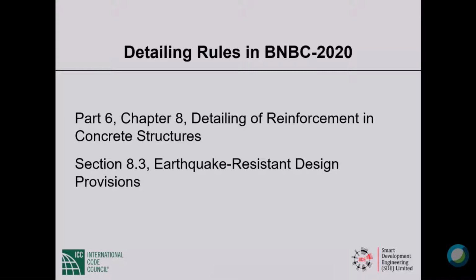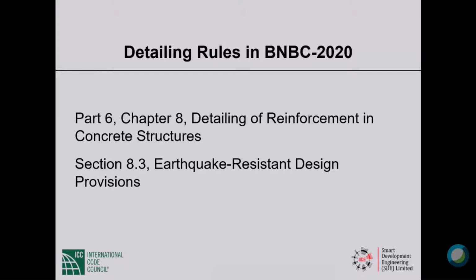The detailing rules that I talked about, that go hand in hand with the seismic design that is in Section 2.5, are in Part 6, Chapter 8, which is titled Detailing of Reinforcement in Concrete Structure. In that chapter, Section 8.3 is earthquake resistant design provisions.